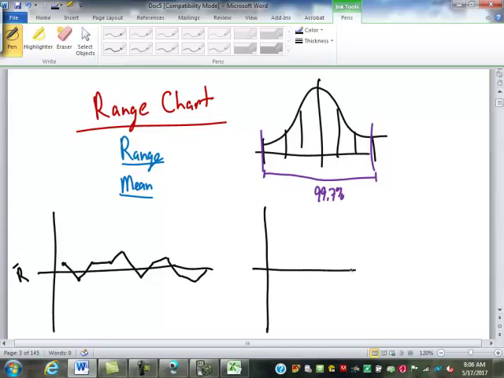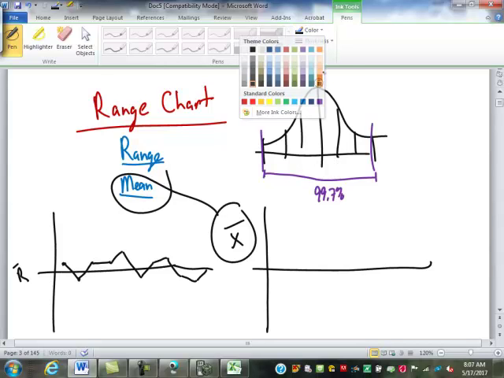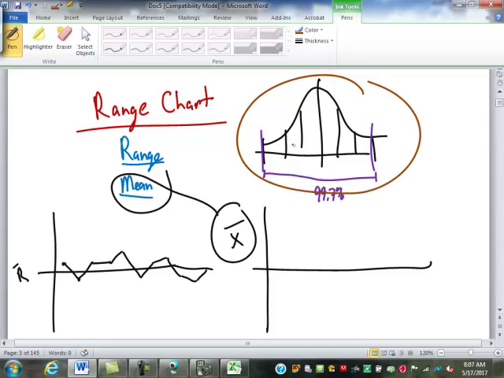Next is something called the X bar chart. The X bar chart is tracking the mean. X bar is just a symbol for the mean. So we're taking all these samples of 5 or 6 parts or whatever, and we're plotting their mean. We're looking at this curve again, and we go up 1, 2, 3 standard deviations above, and this is going to be called the UCL, the upper control limit.